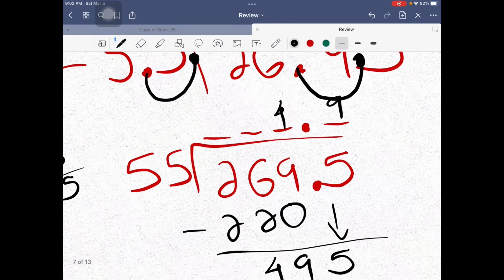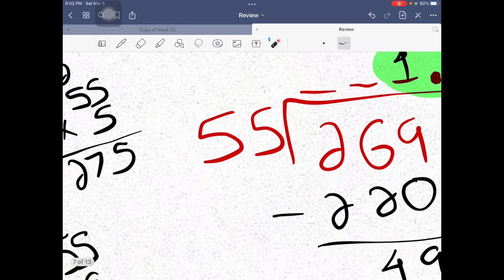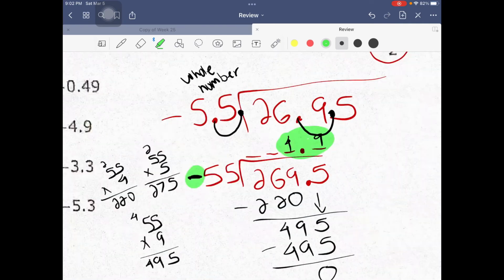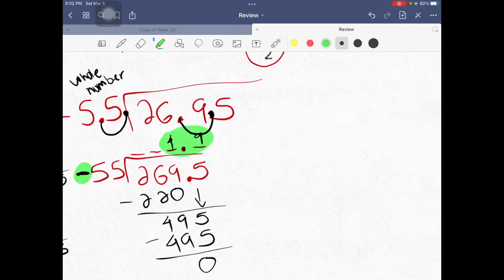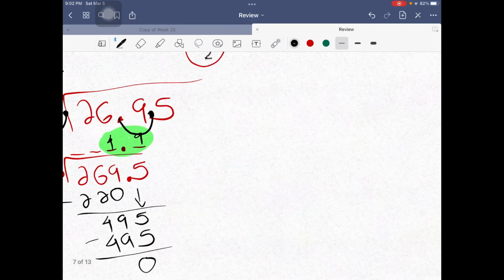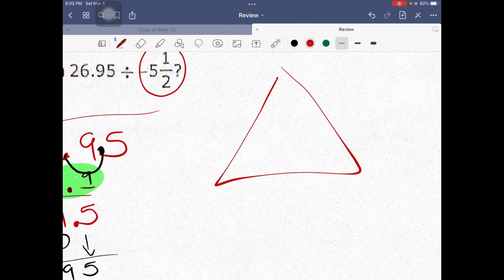But here's the thing. One of them is positive. The other one was negative. This one right here was negative. When we have a positive and a negative, what's my answer going to be? Well, we're going to use Dorito Guy to help us with that.